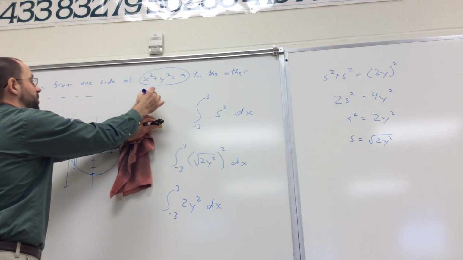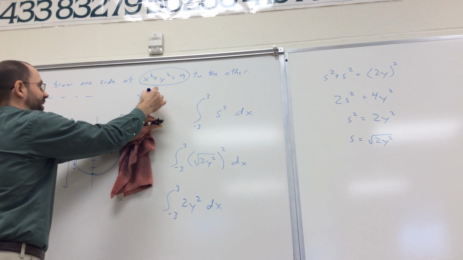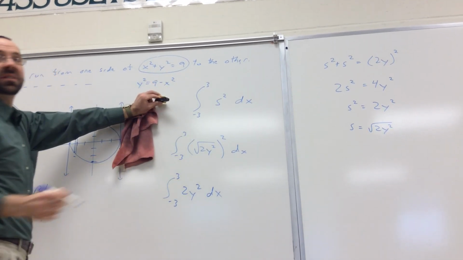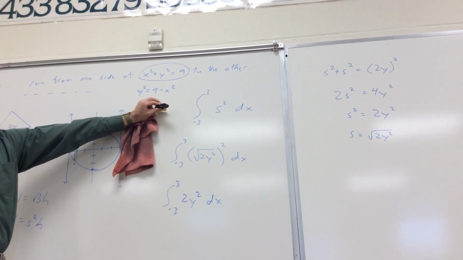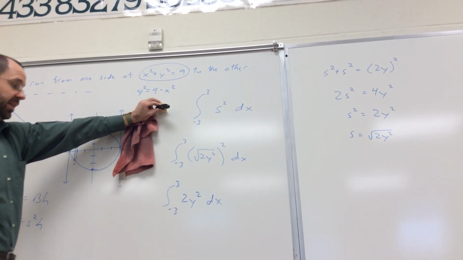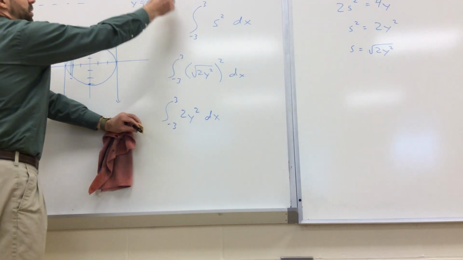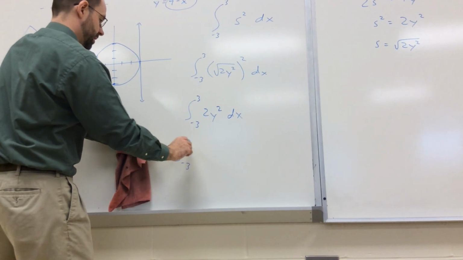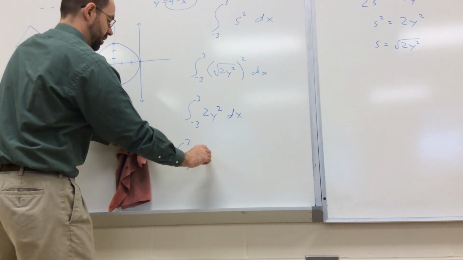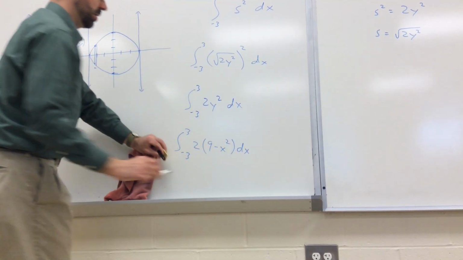So y squared equals 9 minus x squared. Subtracting the x squared over. So then I can replace this y squared with 9 minus x squared. So it's the integral from -3 to 3 of 2 times 9 minus x squared dx.